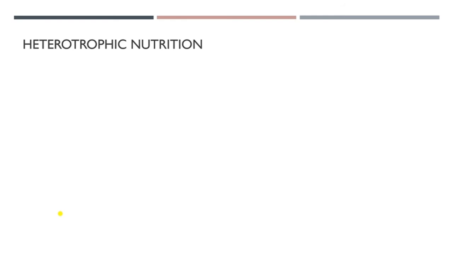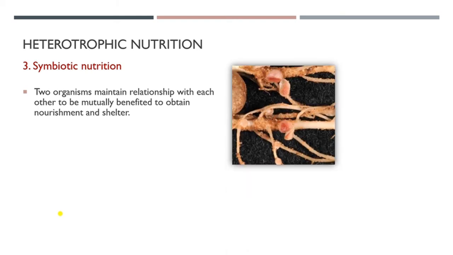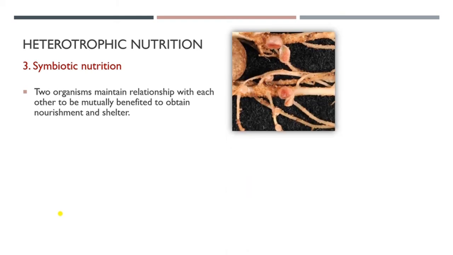Third one is symbiotic nutrition. What is symbiotic nutrition? Two organisms maintain a relationship with each other to be mutually benefited, to obtain nourishment and shelter. This is called symbiotic nutrition. Here, a leguminous plant and Rhizobium bacteria are a good example.